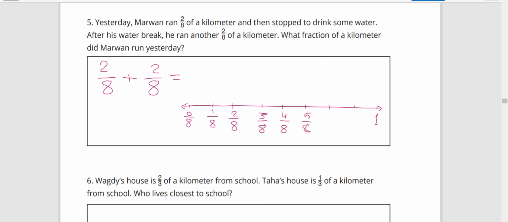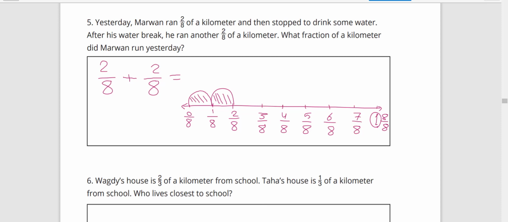From here, 0, 1/8, and here 2/8, 3/8, 4/8, 5/8, 6/8, 7/8, and 8/8, all 1. From 0 to 1, this is 1 part, from 1 to 2, this is 1 part.